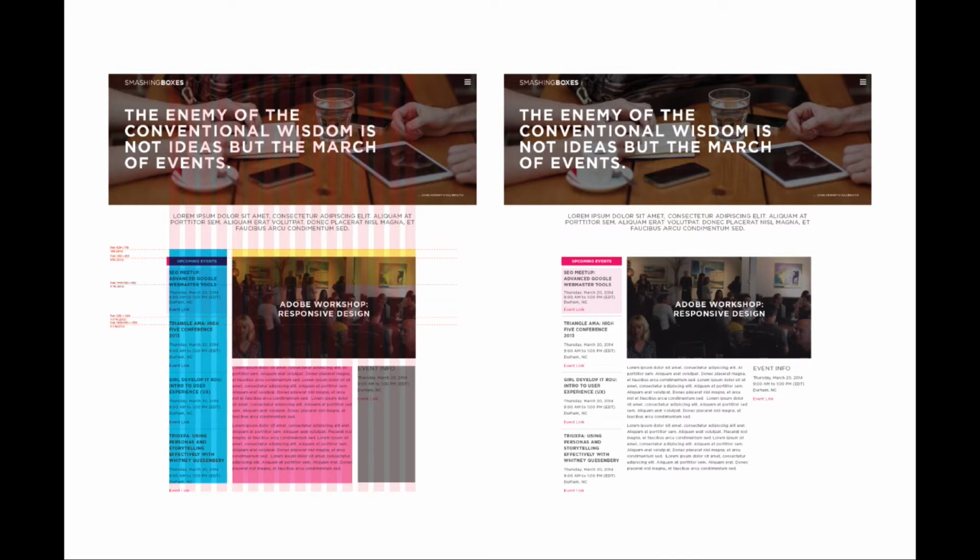Another grid. This is actually our events page, which is not up online. We're going to probably launch this sometime later this year or next. But again, just trying to really think about grids. Here we have 4 columns for actual event dates and stuff.